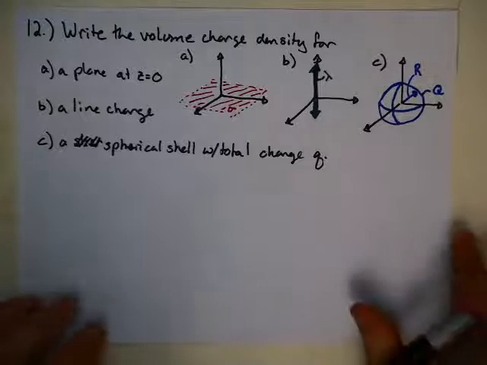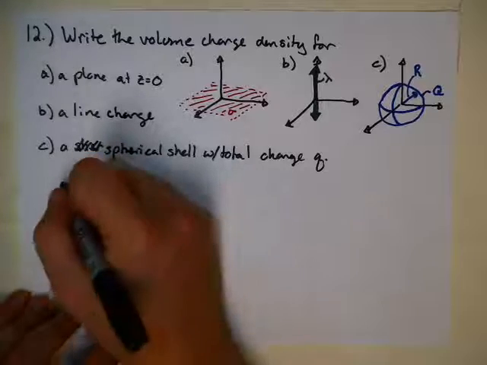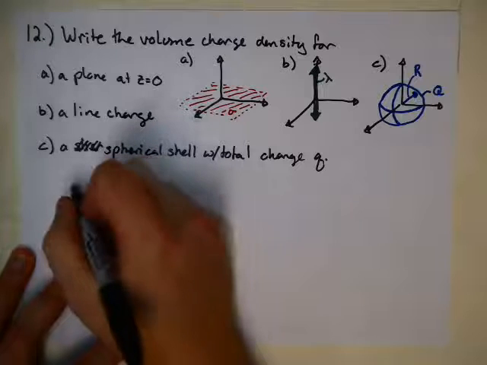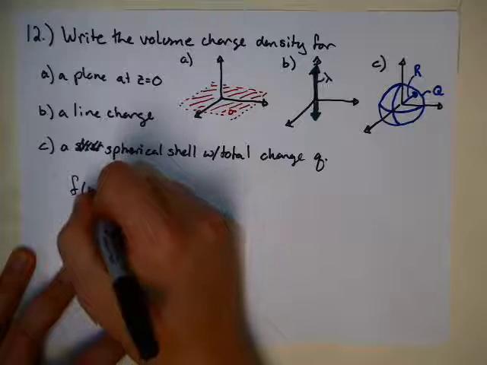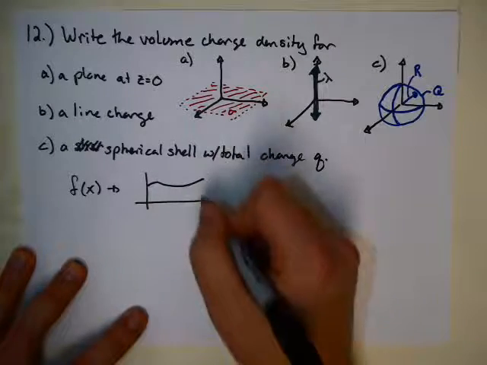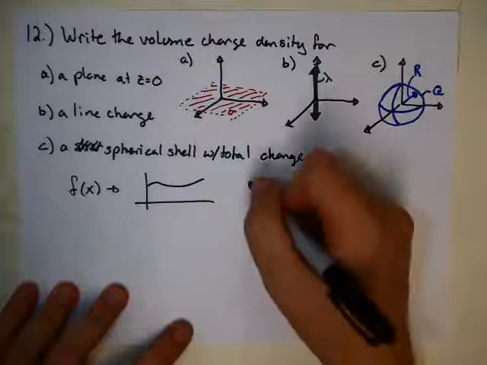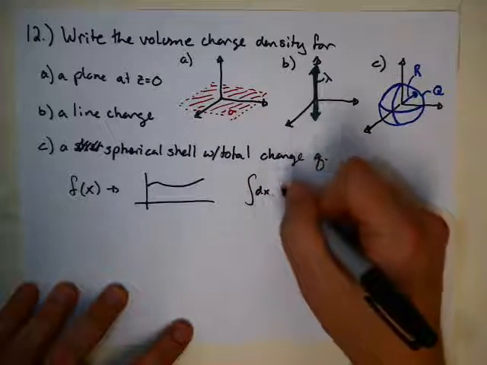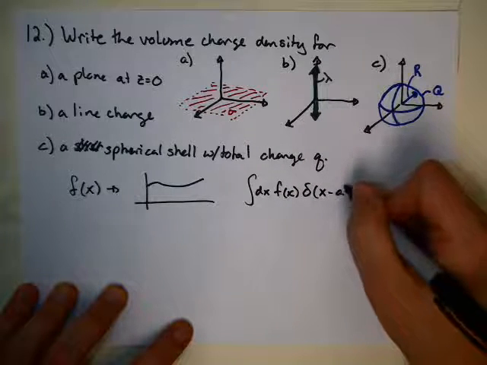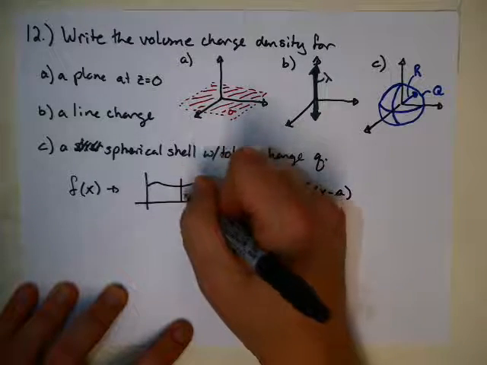Now, in order to do each one of these, I'm going to use the Dirac delta function. The Dirac delta function has a fun property, which is it lets us pick a value. Very specifically, if I have a function f of x, which has the following plot, then when I look at the expression integral dx f of x delta function of x minus a, this allows us to choose the value of f of x.